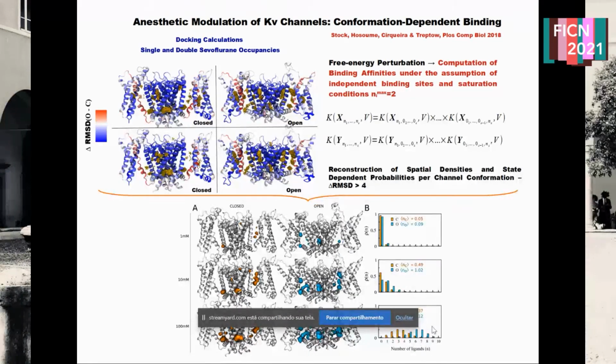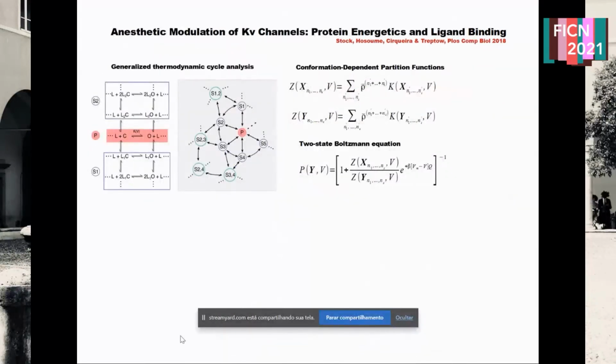So the excess is 3 molecules on average at 100 millimolar concentration. So there is a conformation-dependent effect on the binding, and the impact of that concentration dependence on the energetics of the protein was investigated by quantifying the open probability of the channel.